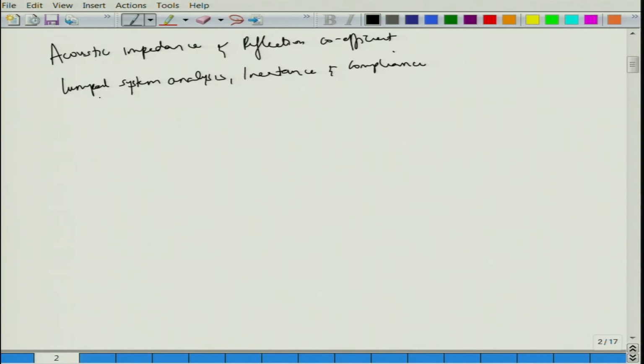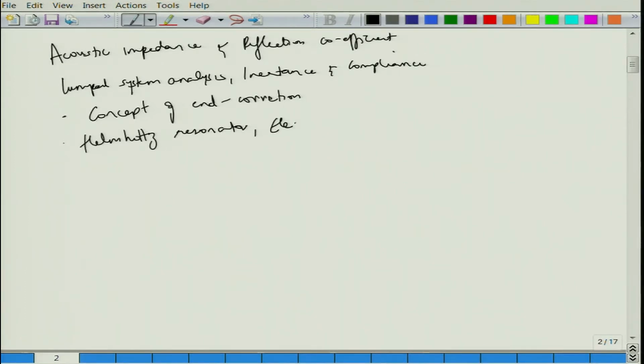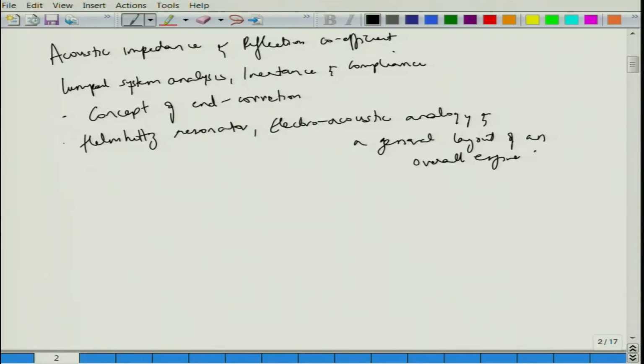And then it is only after this that we considered the concept of end correction in pipes which are open to the atmosphere, with a flange or without a flange, and Helmholtz resonator, and most importantly, for the first time we had a look at the electro-acoustic analogy and a general layout of an overall engine system.